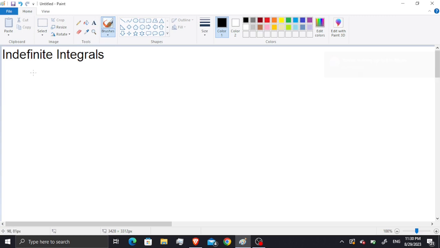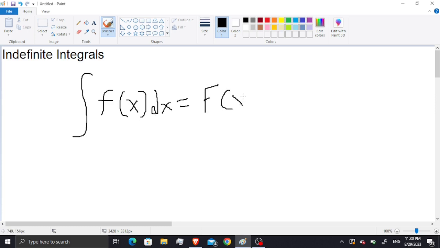When it comes to indefinite integrals, you'll have some integral like this: the integral of some function of x with respect to x, and this would be equal to the antiderivative, or big F of x, plus some constant of integration. It's arbitrary just because we don't know what it is. However, it might end up being useful if you need to figure out what line you'll be messing around with.